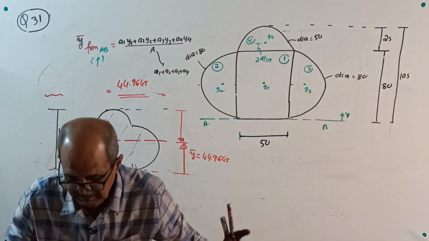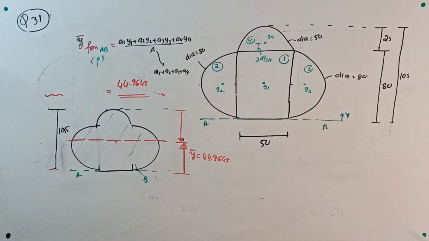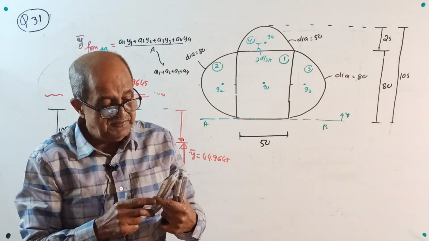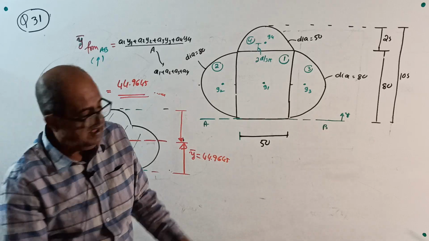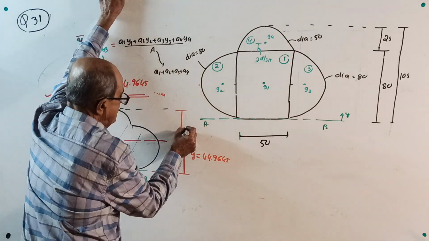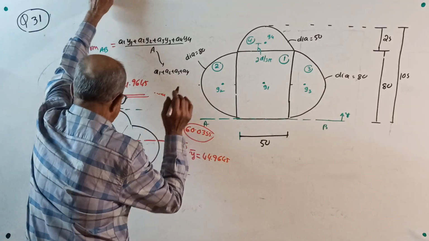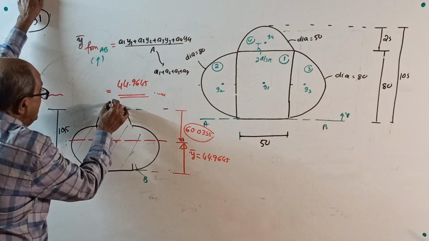See, it fell down. Yes, still working. 60.0355, calculated value over.